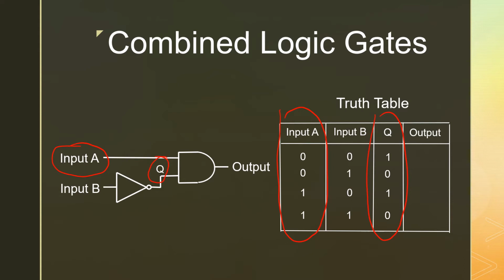If we look at that top row, it's a 0 and a 1, and with an AND gate, that's going to give us an output of a 0. The next row down is a 0 and a 0, so that's going to give me a 0. The third row is a 1 and a 1, so that's going to give me a 1. And the final is a 1 and a 0, which is going to give me a 0. So I've now completed my truth table for this combination of logic gates.